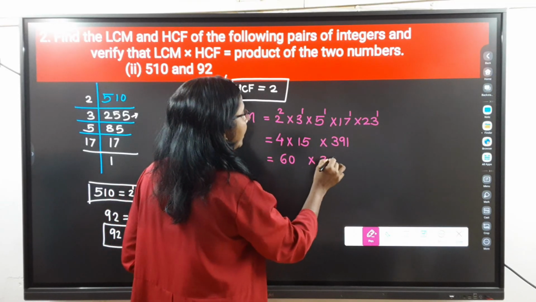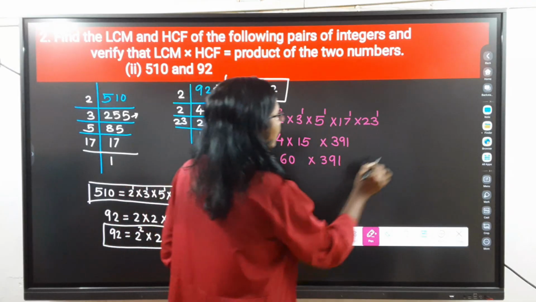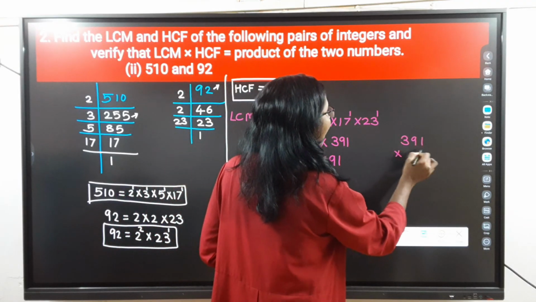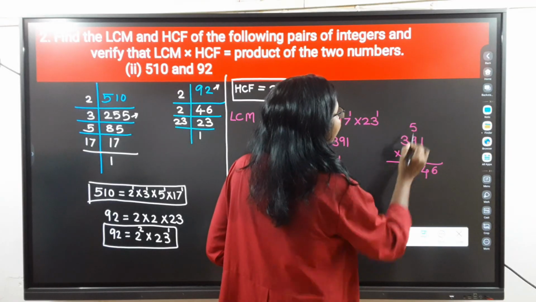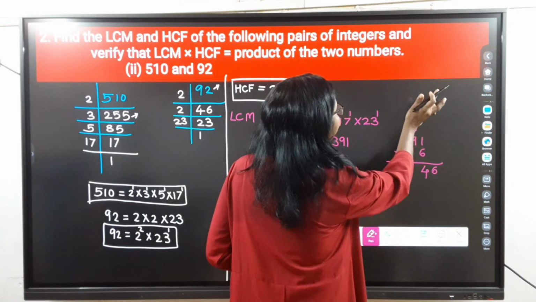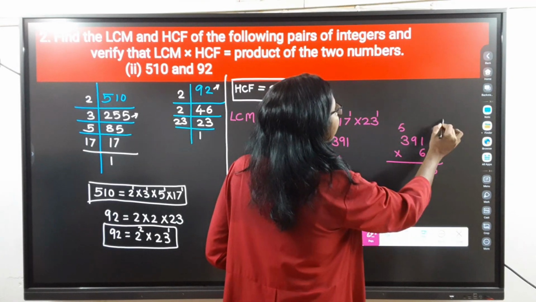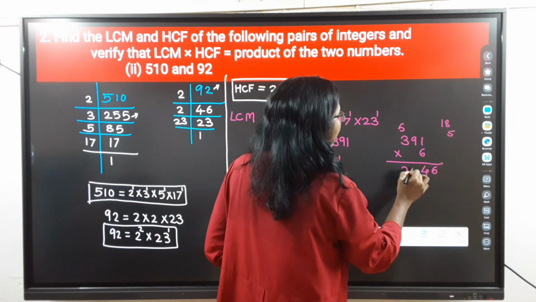Then multiply 391. So 391 multiply 6: 6, then 54, then 5, 54, then 18, and 18 plus 5 is 23.